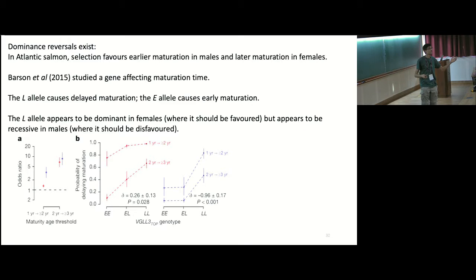And for females, it's better for them to come back at a larger size. So selection favors them to take 2 or 3 years to stay out in the ocean before they come back to reproduce. For males, it's better for them to reproduce at a smaller size and earlier.